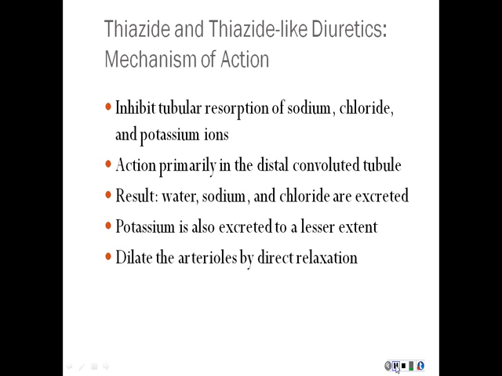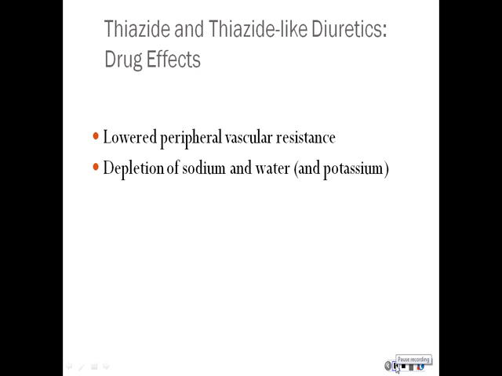So their action is primarily in the distal convoluted tubule, which inhibits reabsorption of sodium chloride and potassium ions, and results in water, sodium, and chloride being excreted. But as renal function diminishes, the efficacy of thiazides diminishes as well, because the delivery of the drug is actively impaired.